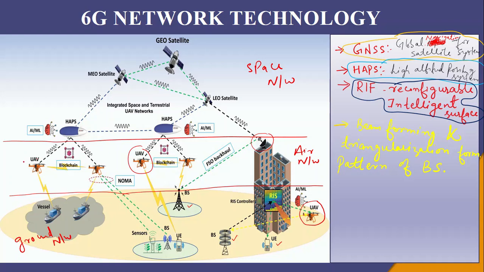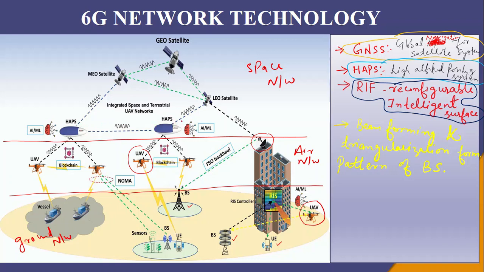These flying base stations are very helpful in emergency situations where there is no possibility of internet connectivity. In such situations, these UAVs, unmanned aerial vehicles, are very helpful to deliver the signal or services. So these HAPS are the high altitude positioning system.